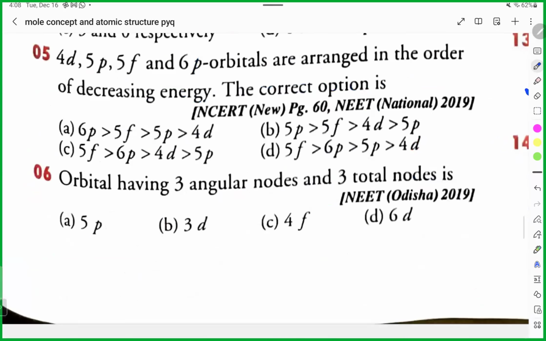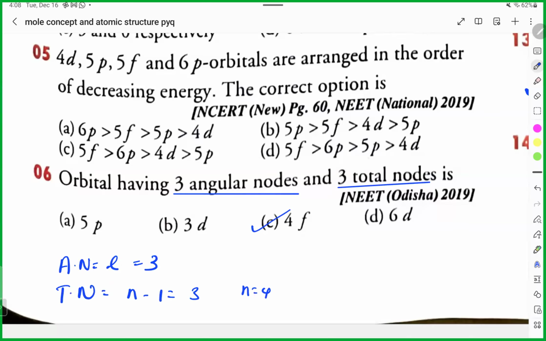Sarah, sixth question. You have 3 angular nodes and 3 total nodes. In which condition? Angular node is equal to l. If angular nodes are 3, which subshell will it be? 4f. Total nodes, how to calculate? n minus 1 is equal to 3. So the n value will be 4.